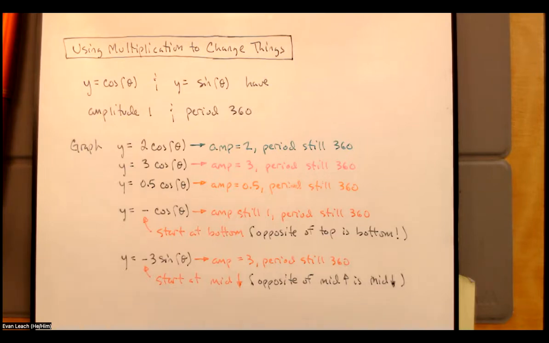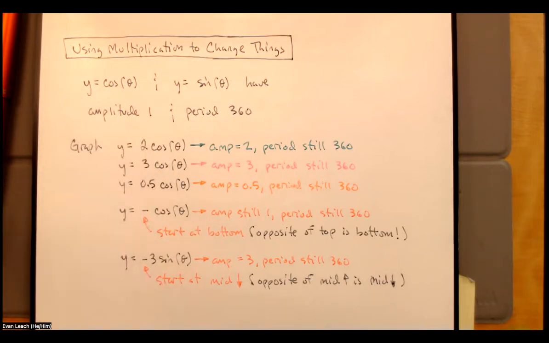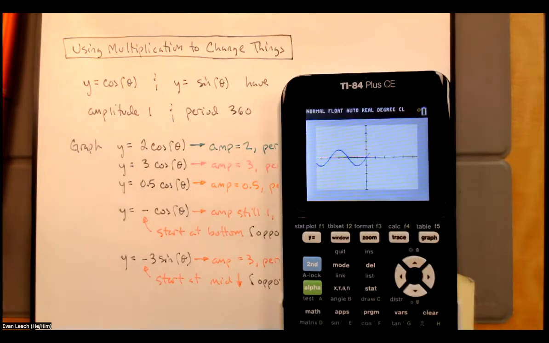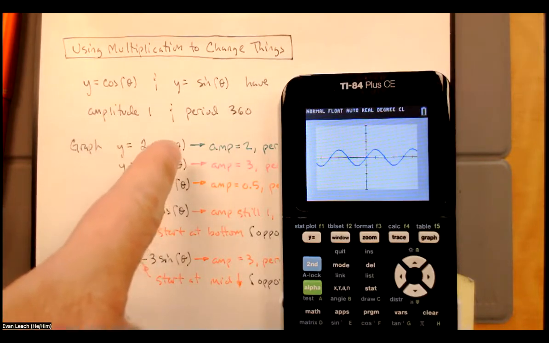So we're also going to be using multiplication to change things. So let's get into our graphic. We'll just base this one on sine x. So we're going to start off with sine x, and we're going to want to produce some graphs. This should be very predictable what's going on. I'm going to do some multiplication, but instead of the multiplication happening out here, it's going to happen in here.